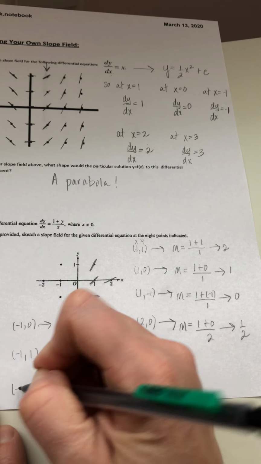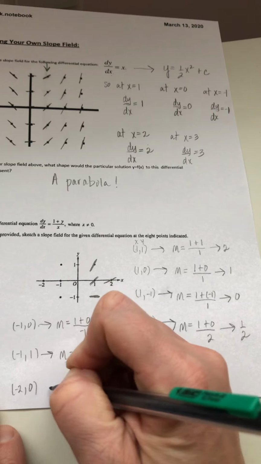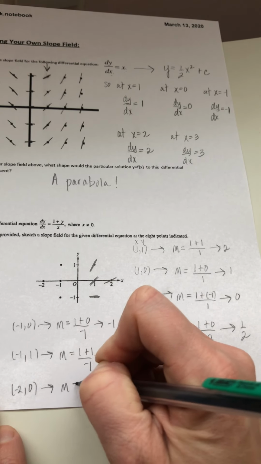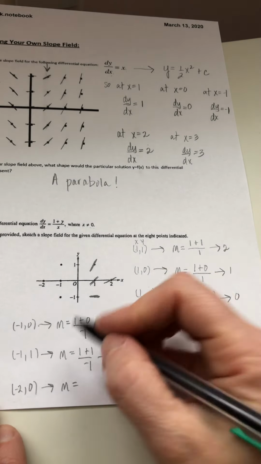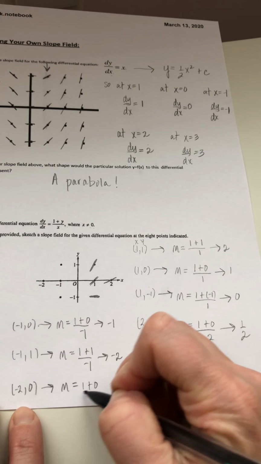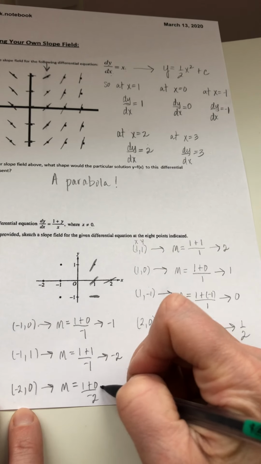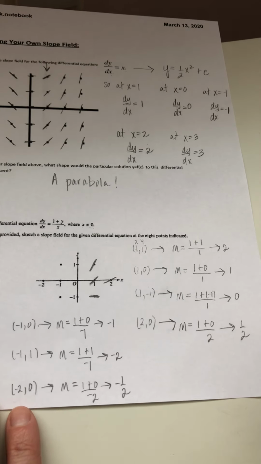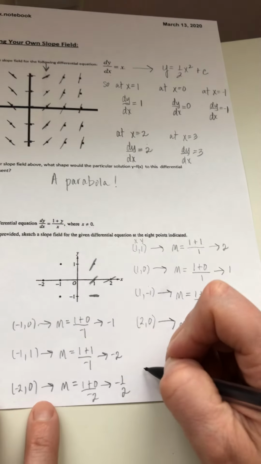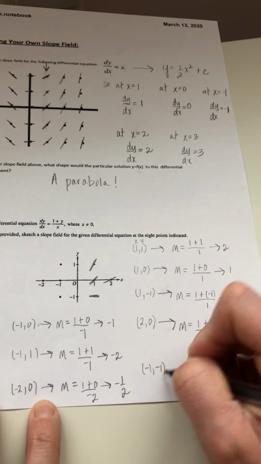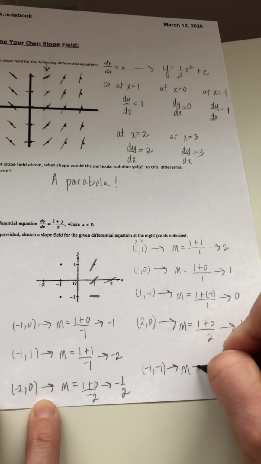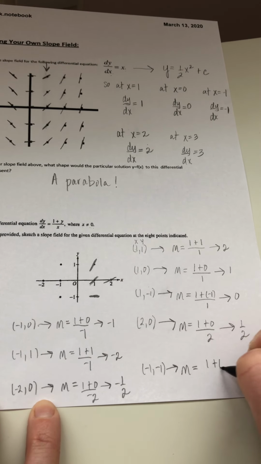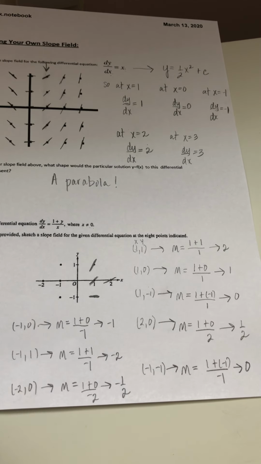Looks like I have -2, 0. Slope equals (1 plus 0) over -2. So that's -1/2, and then I am missing the point -1, -1. And looks like that's going to come out to be another slope of 0.